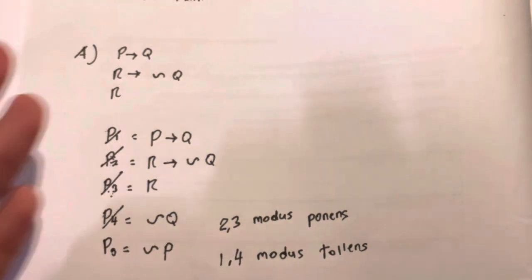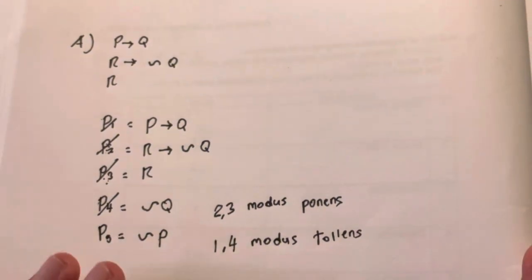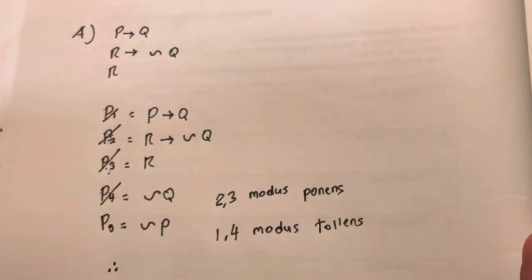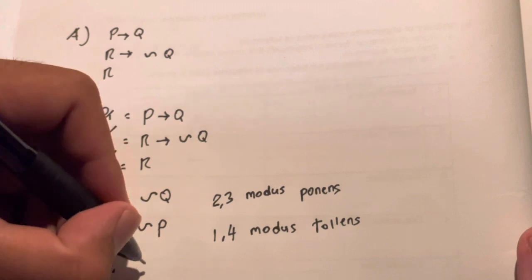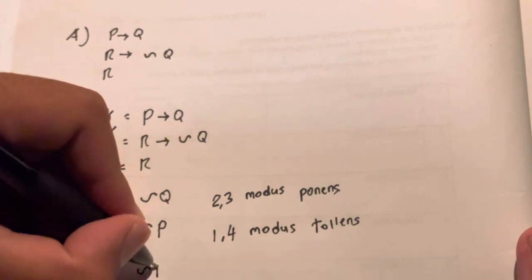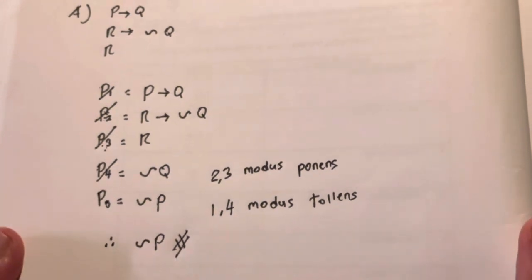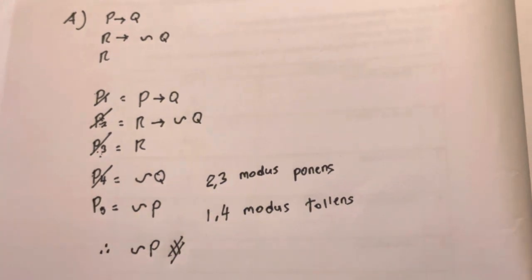As you can see, there's no P left, only P5, so we can conclude that the answer to this question is not P. So that is how we solve this kind of question. Very easy.